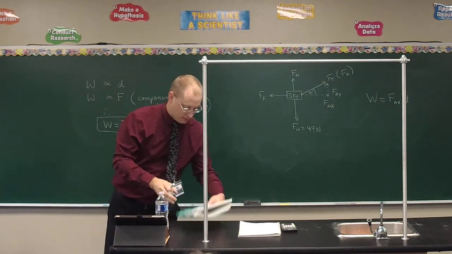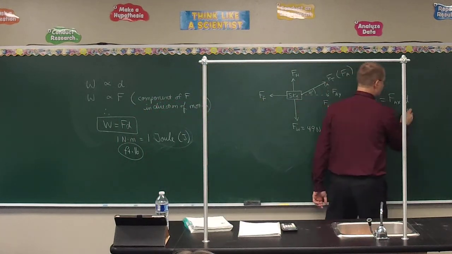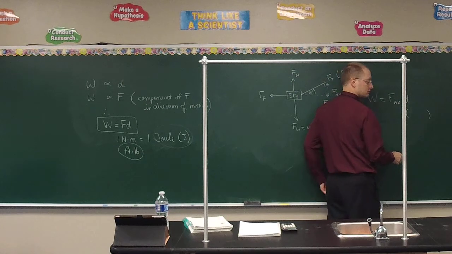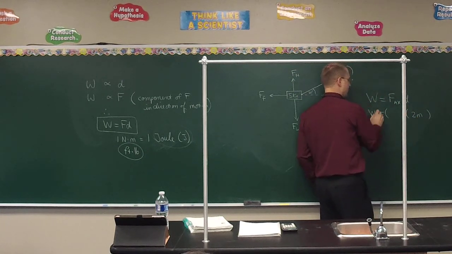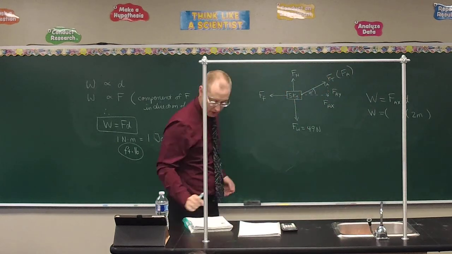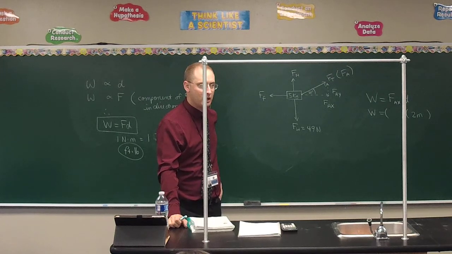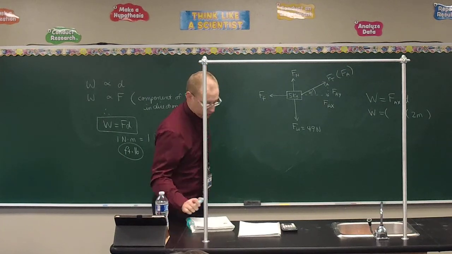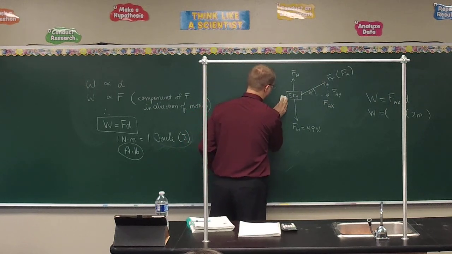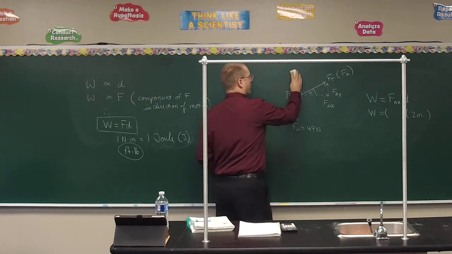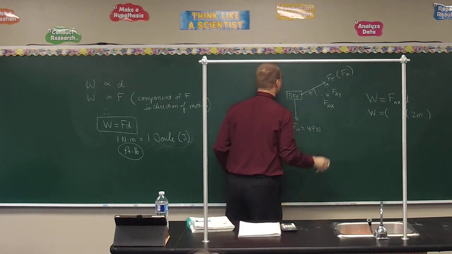But I know how far the girl moves the sled. She moves the sled 2 meters in this problem. I don't know the applied force in the X. I know the mass. And right at the very beginning, it tells me, don't worry about friction. Oh, neglect friction. Well, if I can neglect friction, then I can also neglect normal force. Not that they don't exist, but I don't have to worry about them if it's saying to ignore friction.